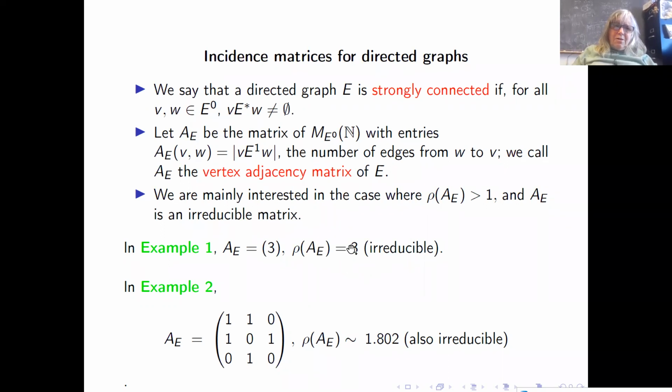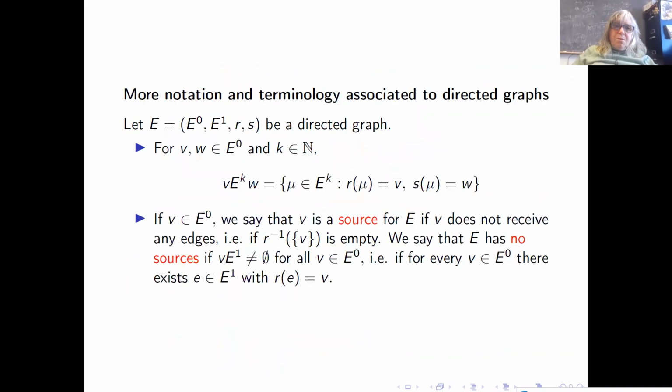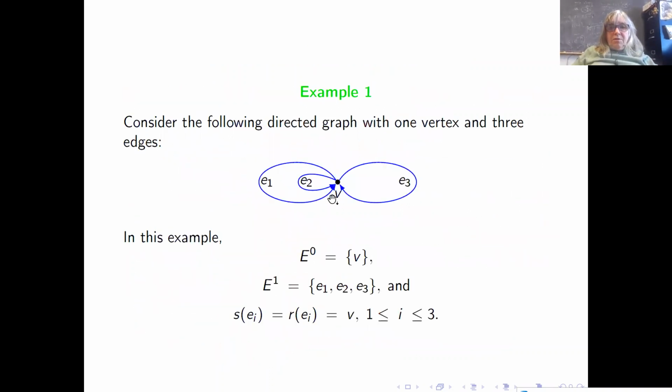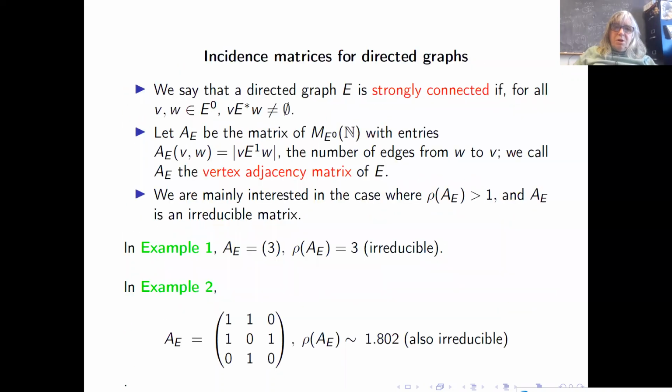That means that for every V and W, you can find at least one non-negative integer n such that the power A_E to the n has the VWth entry positive. So when we look back to our examples, the first example, we just have a 1x1 matrix with 3 loops. Well, that's just the constant matrix 3, and that's irreducible.